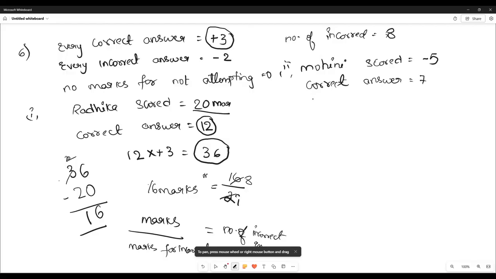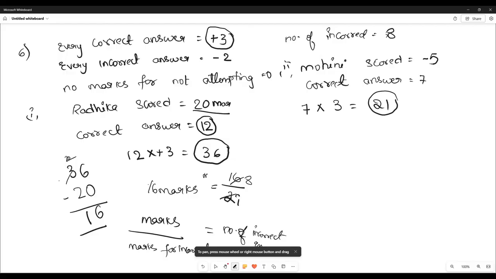We need to find out how many questions she attempted incorrectly. First, 7 into the value of every correct answer, which is 3. 7 threes are 21, right?